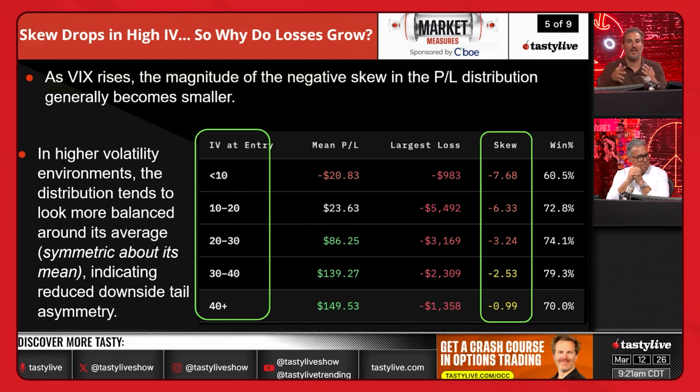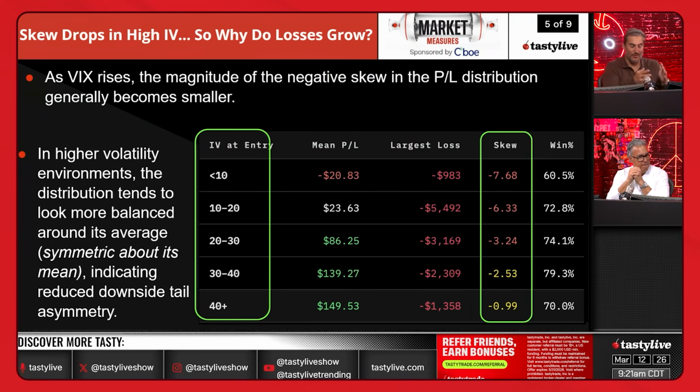So you can see across the board, the skew number that we're giving you here is the skew of the P&L, right? You're getting more profitable on your mean P&L, but also your losses are tightening up. Your big tail-type losses when volatility gets really high tighten up. So you have a much tighter distribution despite volatility telling you the distribution is going to be super wide.